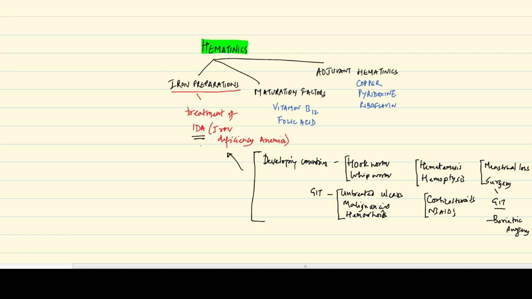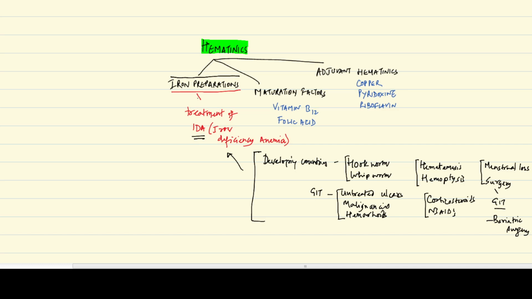So that's something to keep in mind when we talk about iron preparations. So remember again, iron preparations are only used in pharmacology for the treatment of iron deficiency anemias. So we're going to talk more about iron preparations today in this lecture.